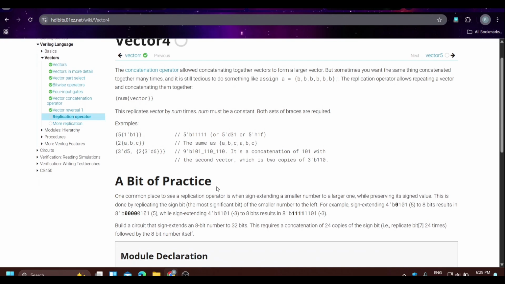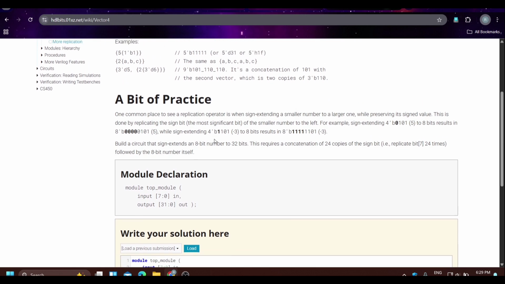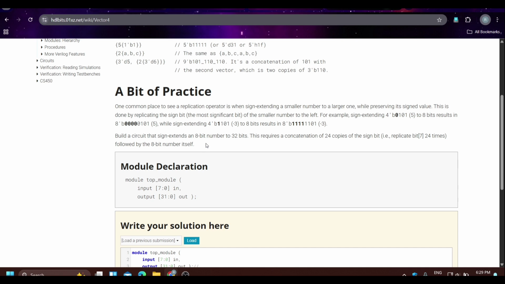Okay. Let's solve this question. Build a circuit that sign extends an 8 bit number to 32 bit. So there is an 8 bit number and we are using this replication operator in this sign extension. The MSB bit we are using for the sign, right? We know this.